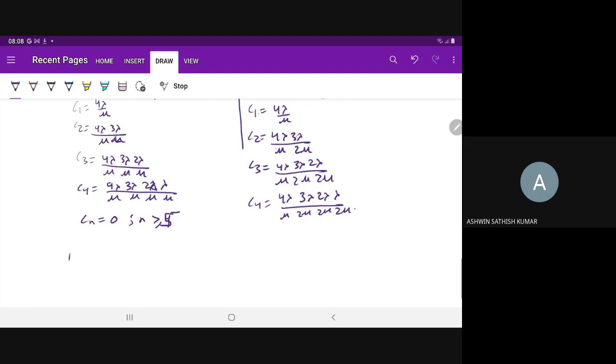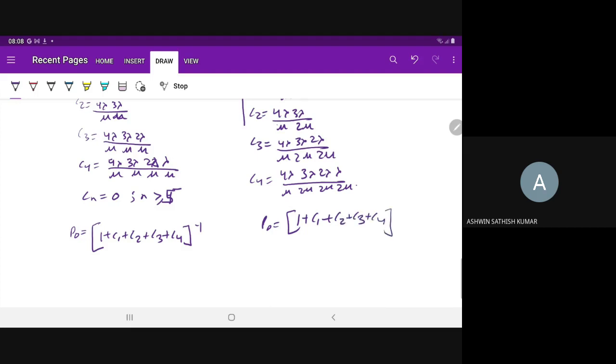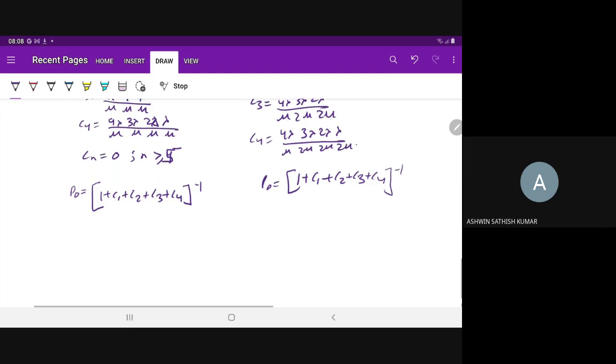From here we compute P naught as 1 plus C1 plus C2 plus C3 plus C4, inverse.